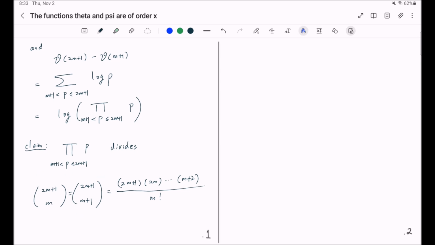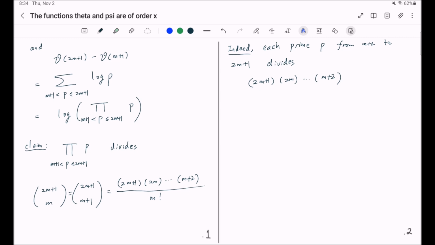Now, why is this claim true? This claim is true because each prime p from m plus 2 to 2m plus 1 divides the product from m plus 2 to 2m plus 1.